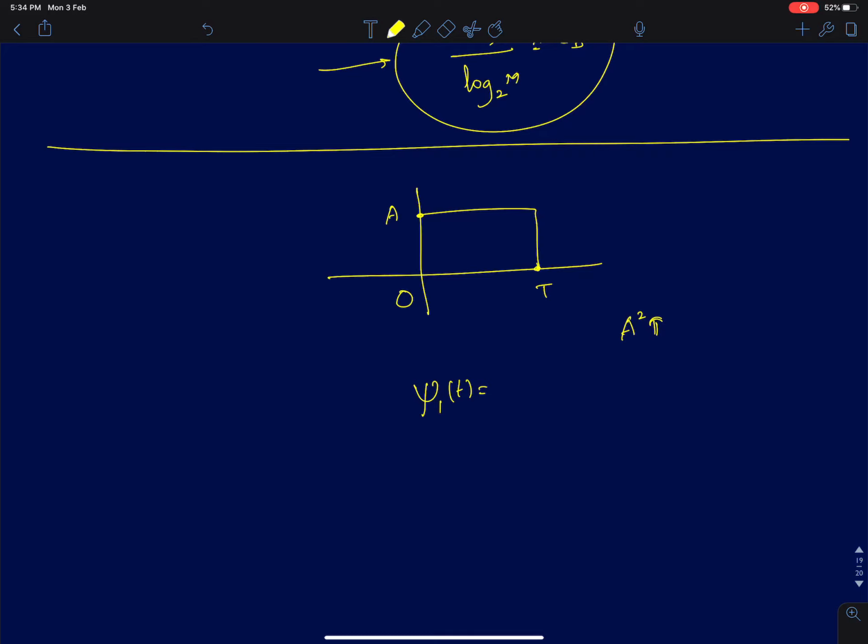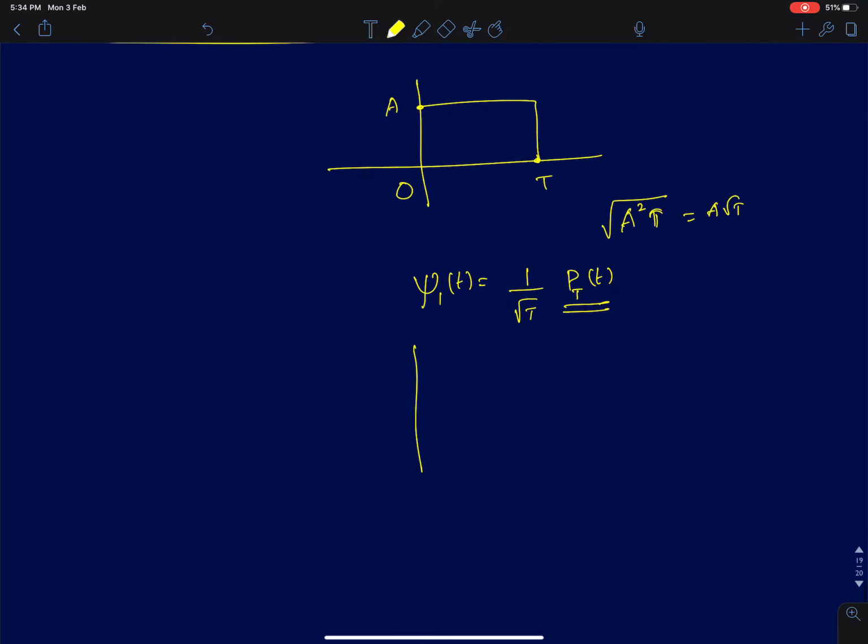The norm of the signal is going to be the root of the energy, which is root of A squared T, which will be A root T. If I divide by that, I'm going to get 1 by root T into Pt of t, where Pt of t is a pulse of duration T seconds starting from the origin lasting till T seconds with an amplitude 1. This is your psi 1 of t.